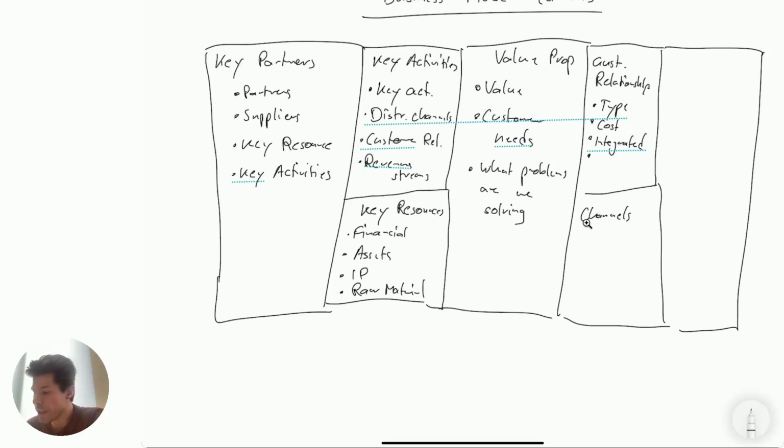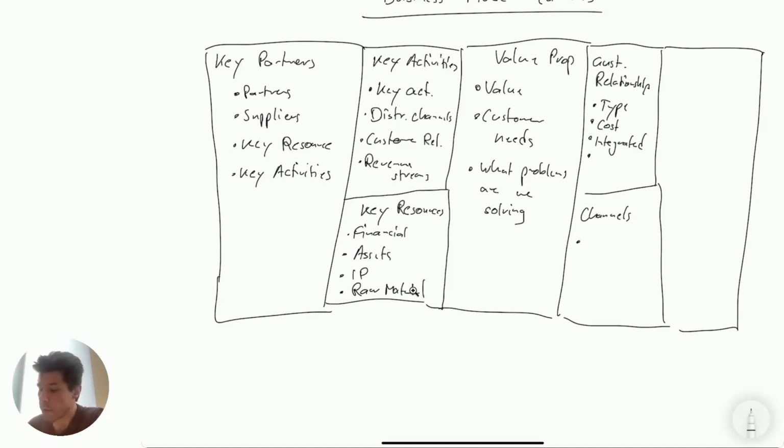Channels is usually, that's why it's below customer relationship, it tells you what the channels are so that you can activate your customer relationship. Through which channels do our customers actually want to be reached? How are we reaching them? What channels? Is it offline? Is it point of sales? Is it a website? Is it an application? And really to understand what are the best channels to reach our customers.